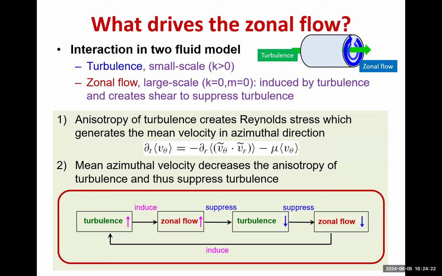This object is called the Reynolds stress. If the turbulence is isotropic, then this correlation function will be zero. So what happens is I have some anisotropic turbulence at small scales. It sends out a burst of fluid that hits the walls of the pipe and then spreads around azimuthally.